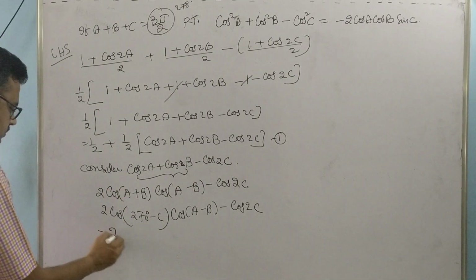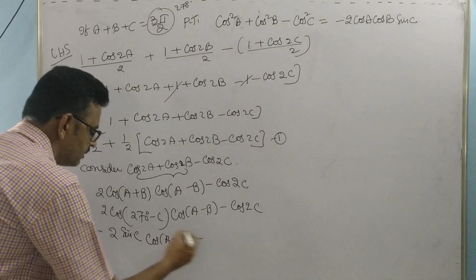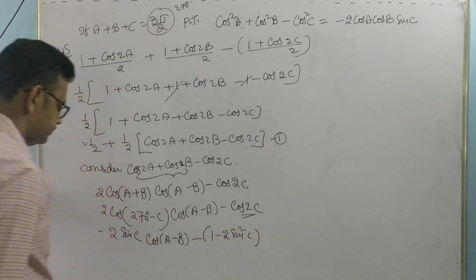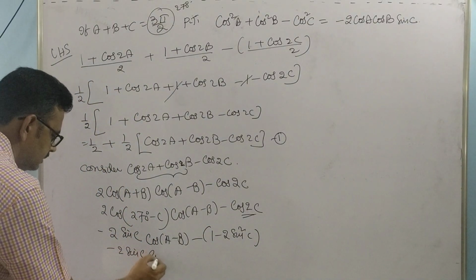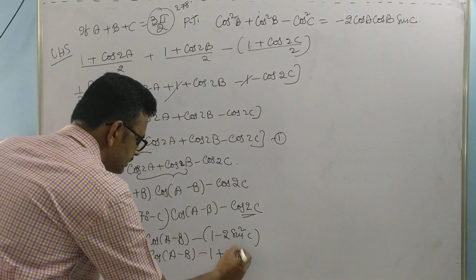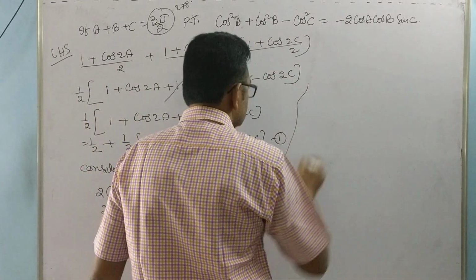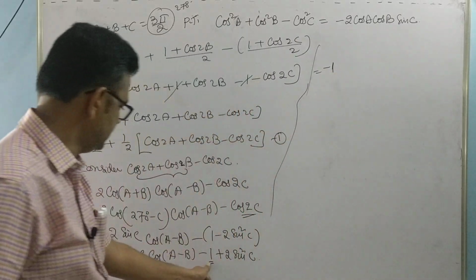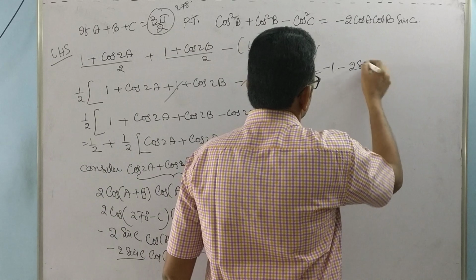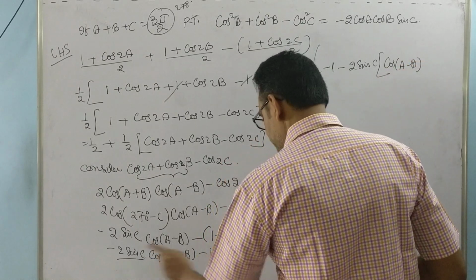So that is minus 2 sin C into cos of (A minus B), minus cos 2C. Use the formula in terms of sin, since sin is there: 1 minus 2 sin square C. So this is minus 2 sin C cos of (A minus B), minus 1 plus 2 sin square C. Taking minus 2 sin C common, this is cos of (A minus B) minus sin C, with minus 1 outside.